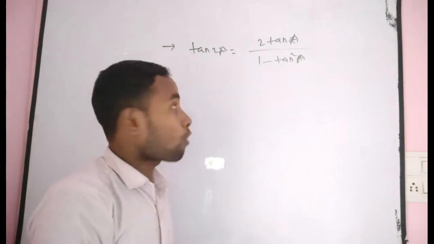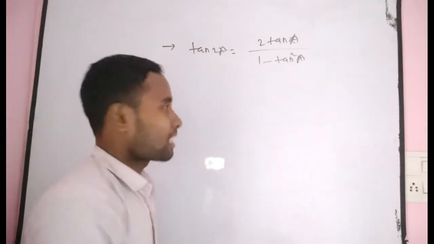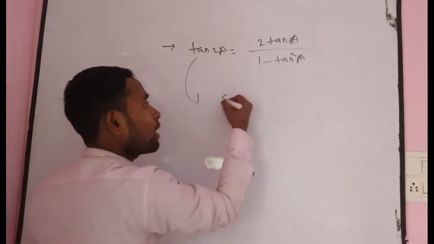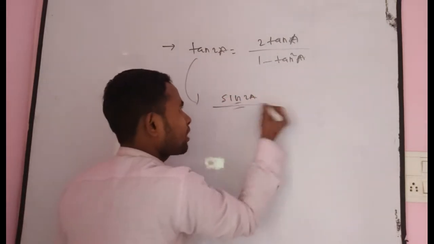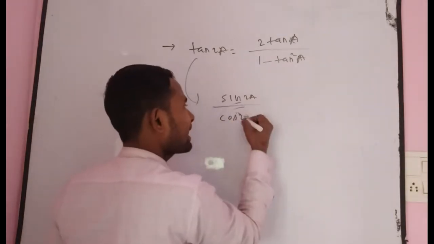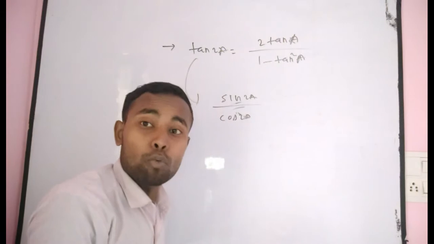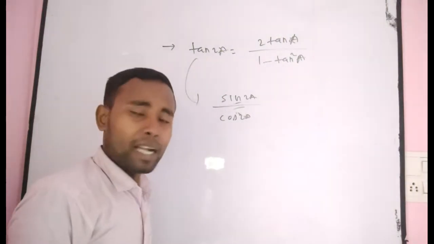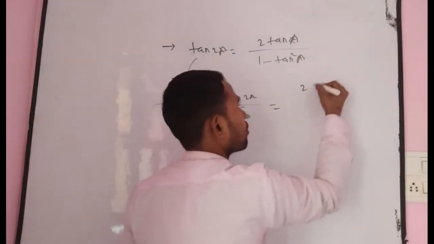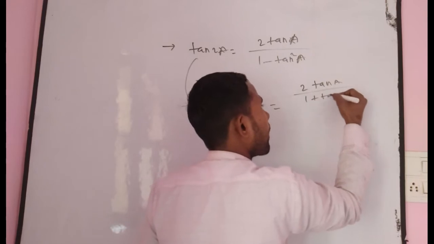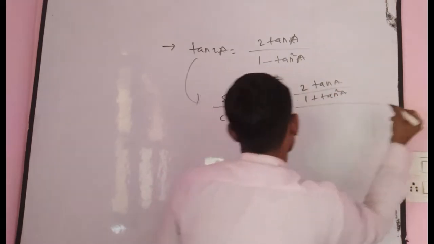Now you definitely want to know how can you prove it? It is also very easy. Now first of all, tan 2a I want to prove. Tan 2a can be written as sin 2a divided by cos 2a. Can I write it? Now sin 2a is equal to what in terms of tan? As you know that sin 2a is equal to 2 tan a divided by 1 plus tan square a, divided by cos 2a.